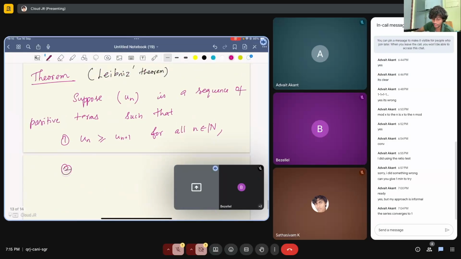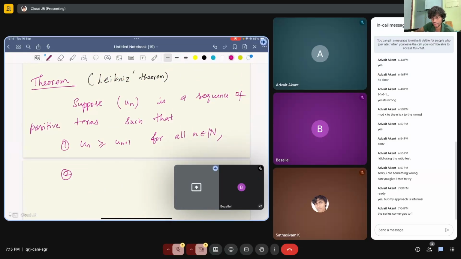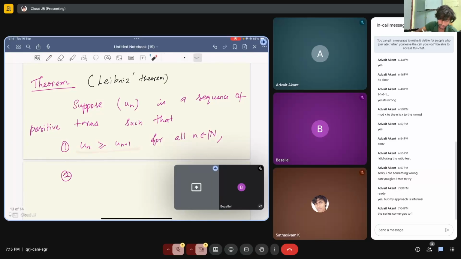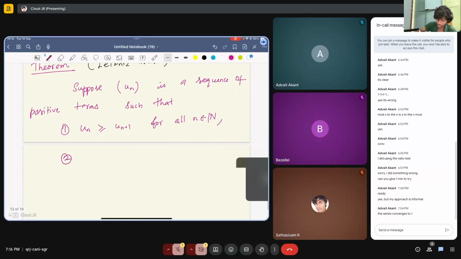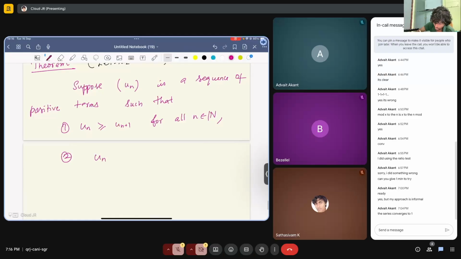Okay. So there are a few things that you need. The first one is the terms have to be monotonically decreasing. The second one is it converges to zero. Okay, it's monotonically decreasing and it converges to zero as n tends to infinity.